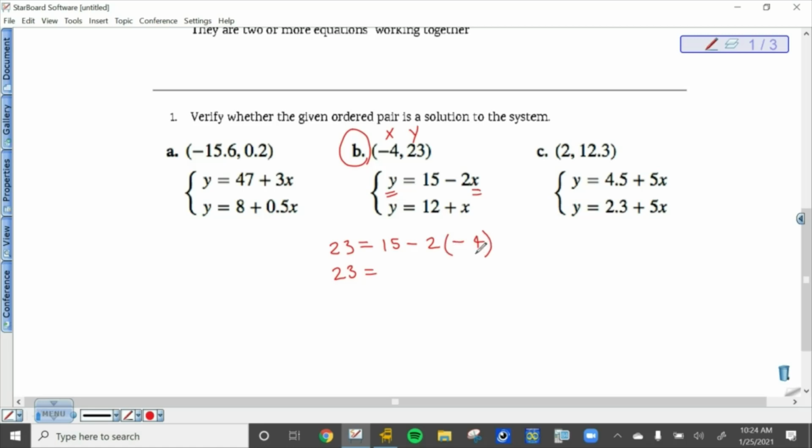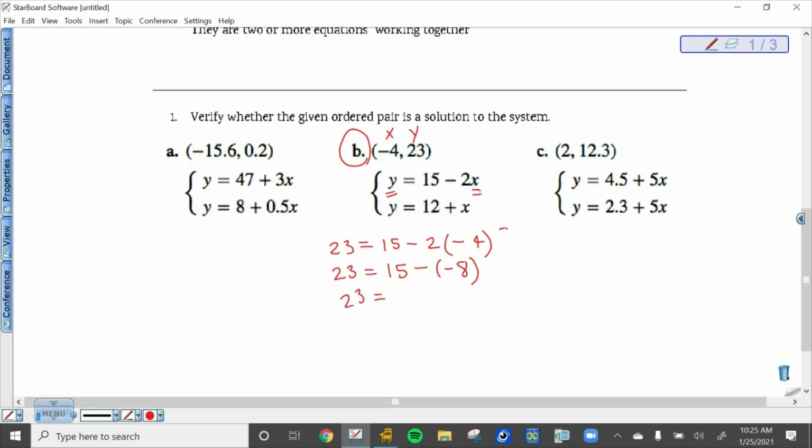What part of this do we need to solve first, according to order of operations? Yeah, in the parentheses, but we can't simplify that any further. So what comes next? Multiplication. So we do 15 minus, and then what's 2 times -4? -8. Now what happens?